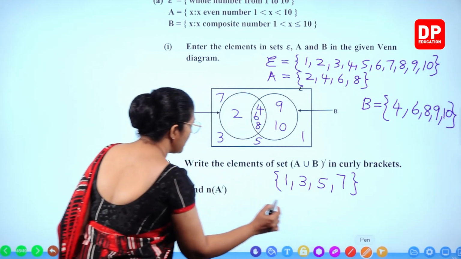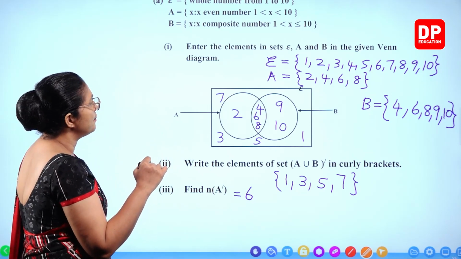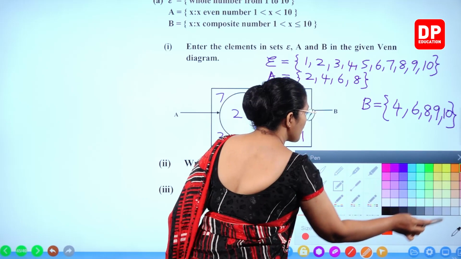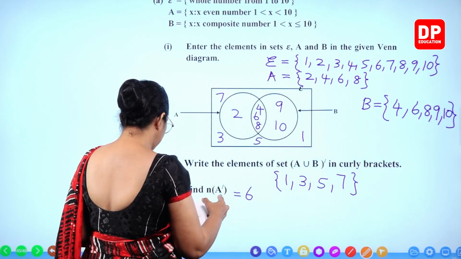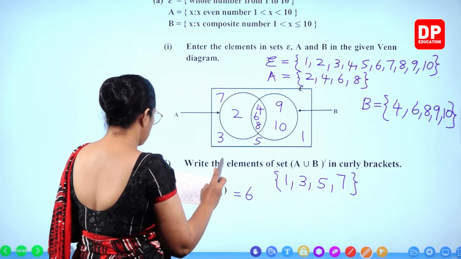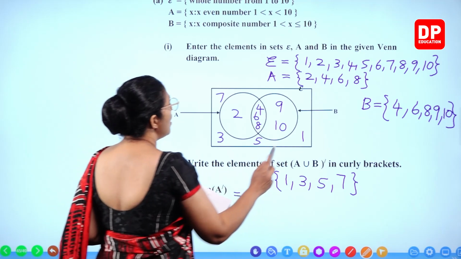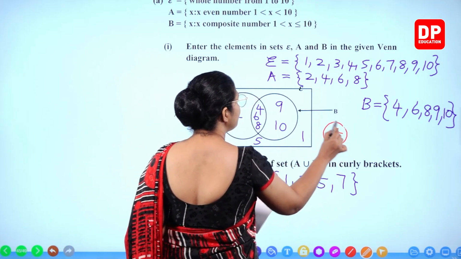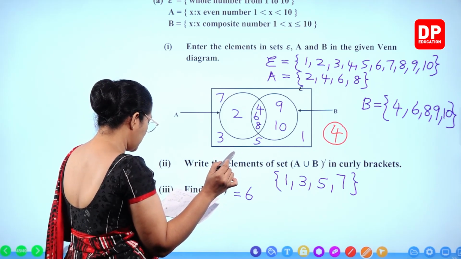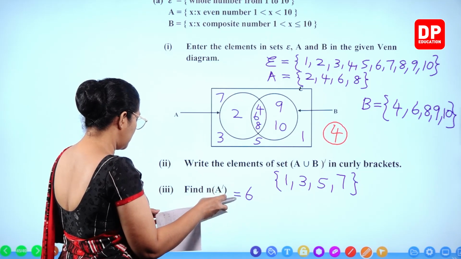So you can write this is 6. 6 elements are there. So how many marks are you getting? You are getting 4 marks for completing the diagram. And then 1, 3, 5, 7, you get 1 mark.